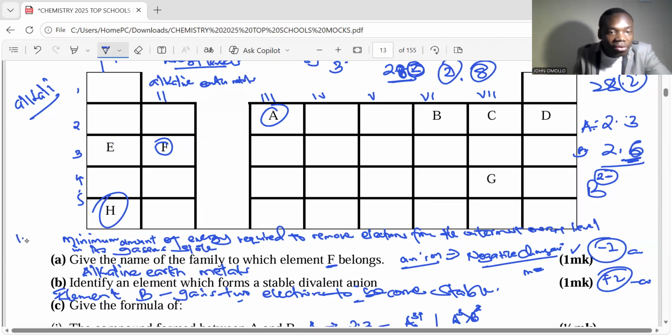That is what we are referring to as ionization energy.